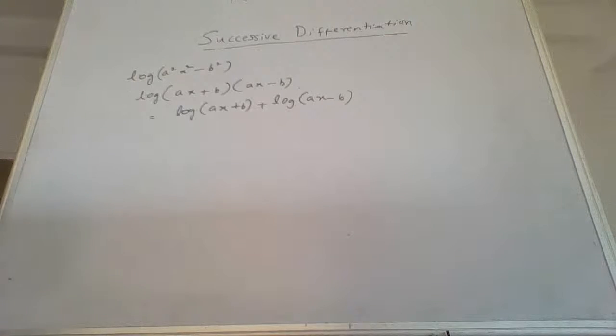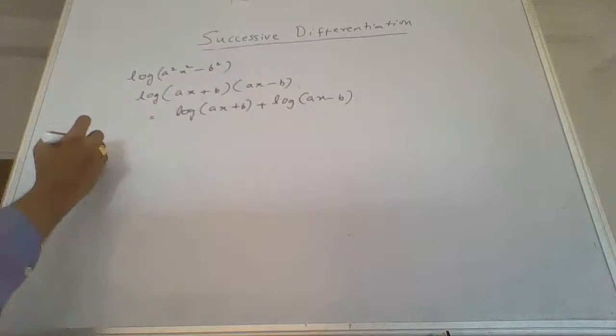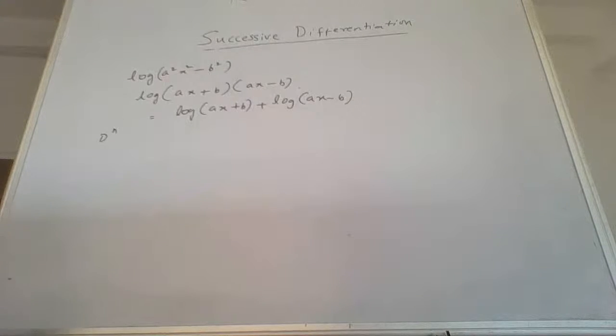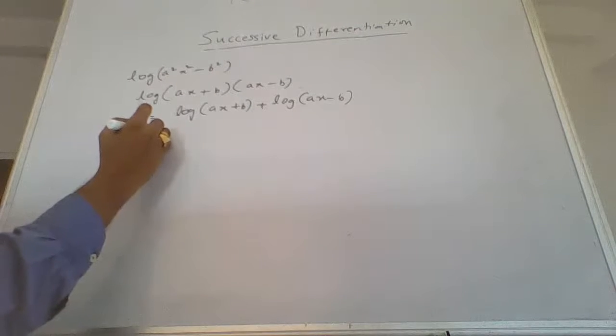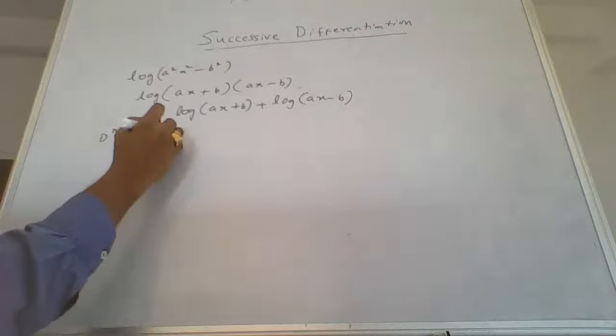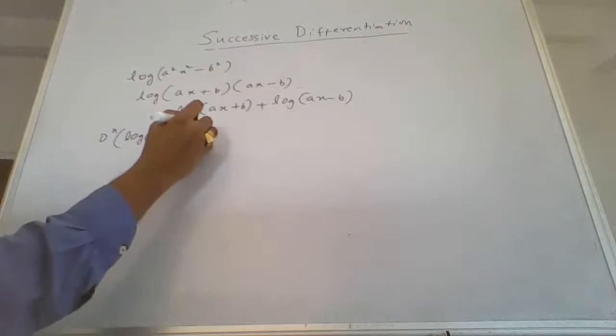So I get this now. Now separately, I'll try to find dn of this, the nth derivative of log of a square x square minus b square.